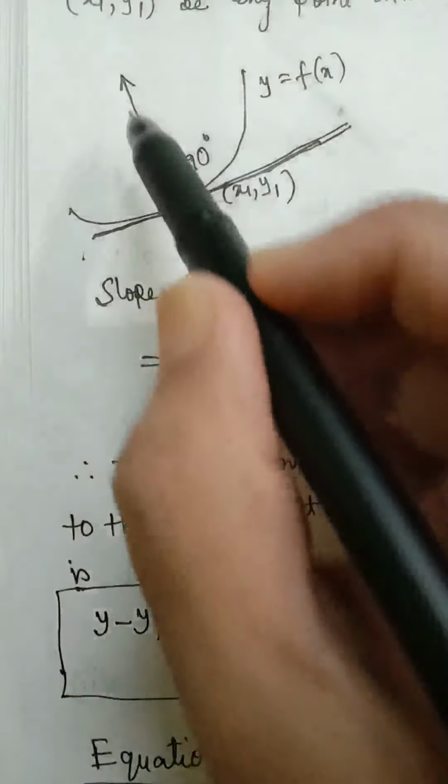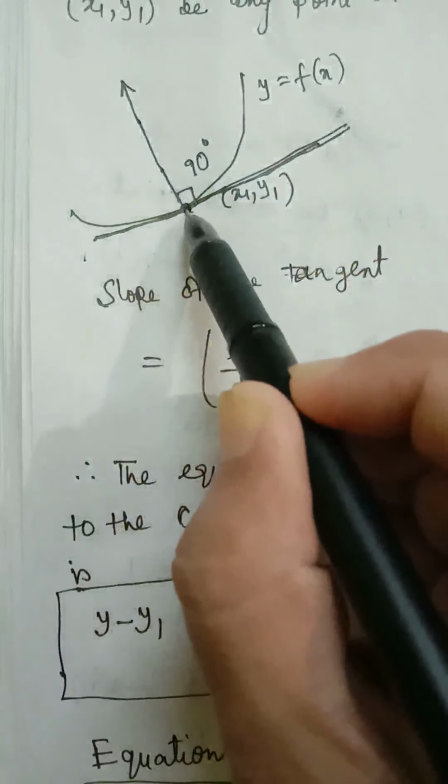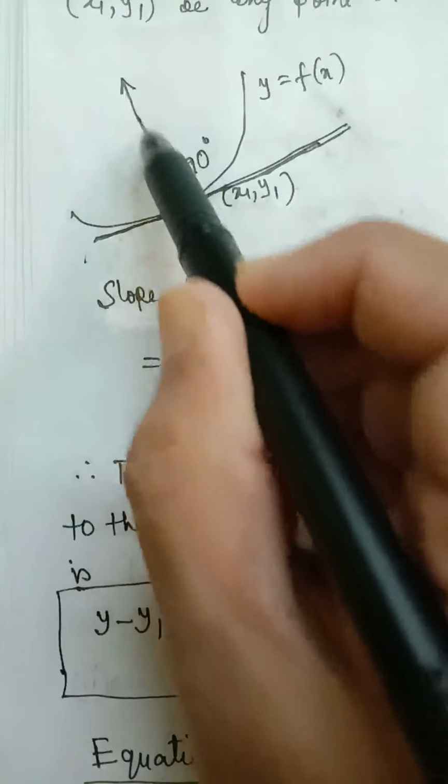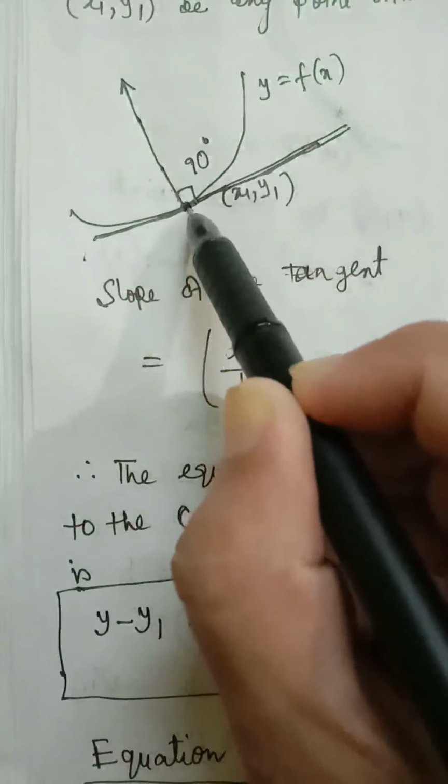Now we want to write the equation of normal. Clearly, the normal also passes through the point (x1, y1) because the normal is a line perpendicular to the tangent at the point of contact of the tangent.